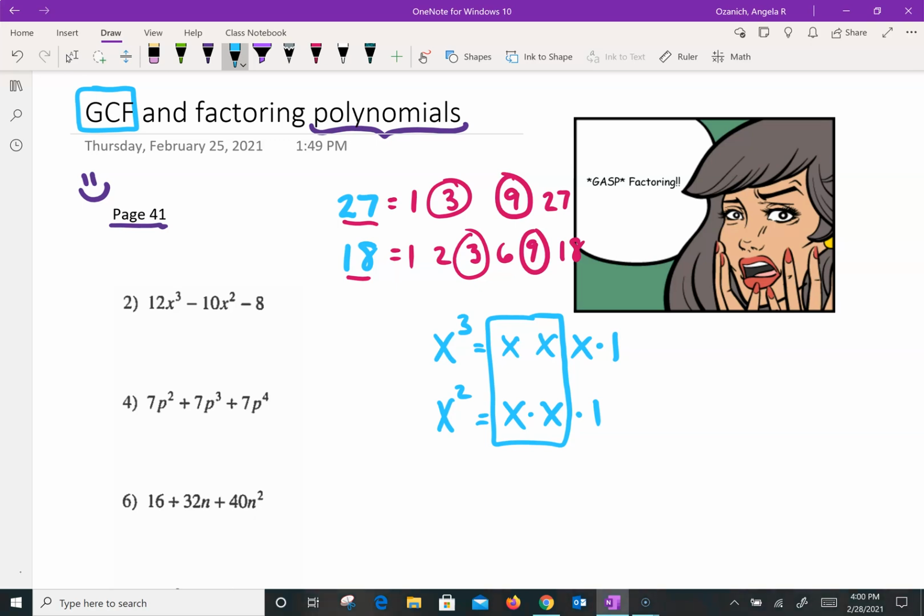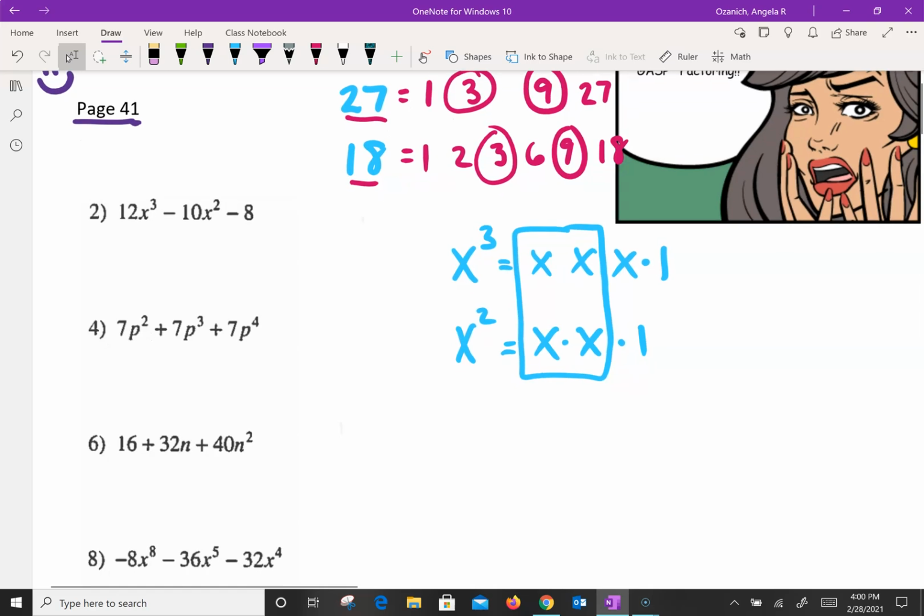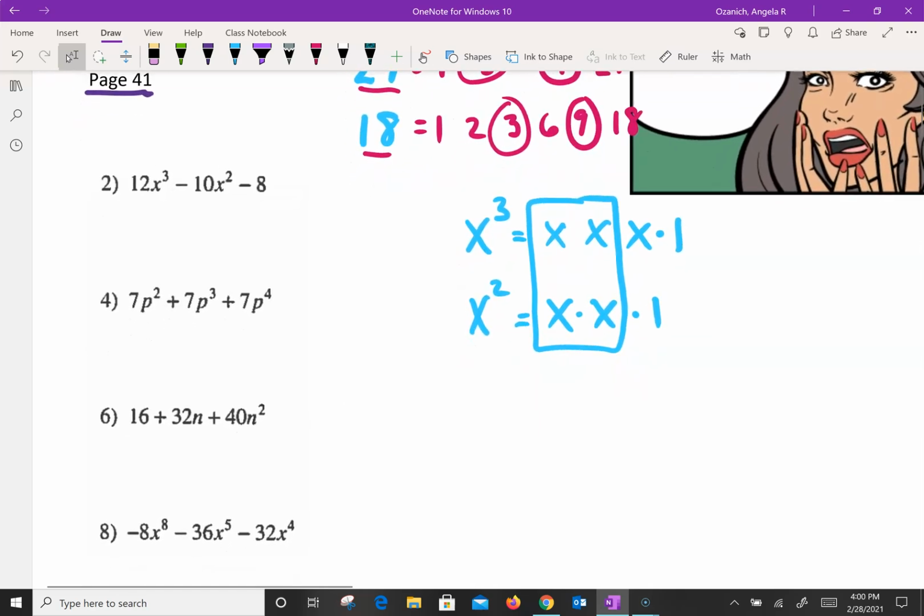Now we're going to put these two ideas together, and practice a little bit with dividing out what you think is the greatest common factor. We're going to start with this one right here, number 2, from page 41. We're going to look at each of these terms and decide if there's anything that is a common multiple between them.